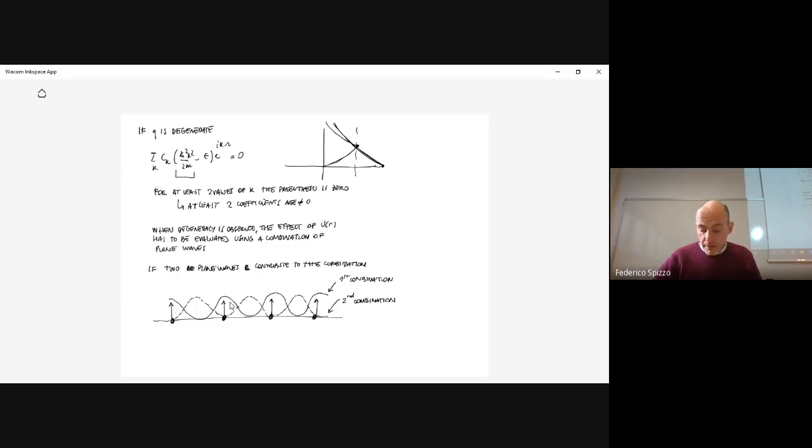So due to the fact that now the electrons are not in free space, but feel the effect of the ions that are located in the system, in the Bravais lattice, each combination has a value of the energy that depends on where the amplitude of that combination is maximum or minimum.